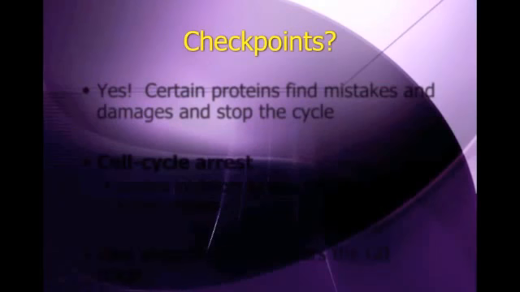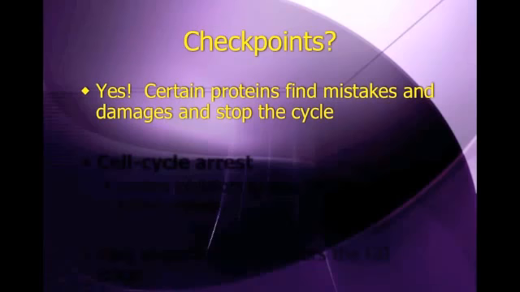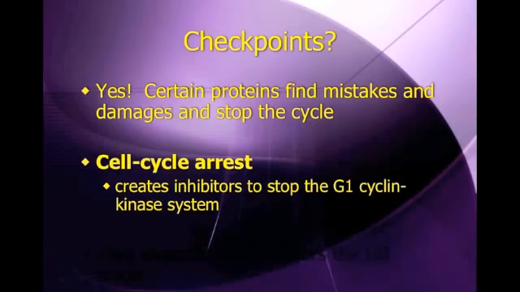So that causes problems. There are checkpoints to make sure that there are no problems. Obviously it does not always work, and if there are problems, your cell cycle goes into arrest. It's like it goes to prison and can't pass go, can't collect $200, goes into jail, and actually creates inhibitors to stop the cyclin system.